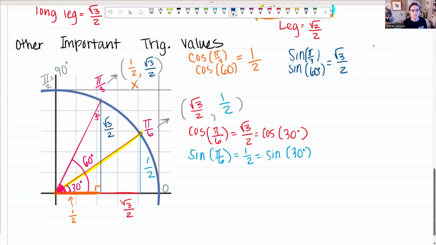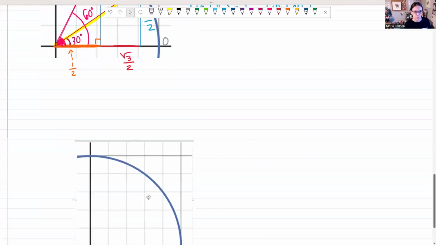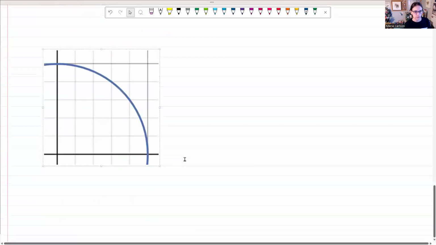All right. So this is kind of when we divide each quadrant into thirds almost, or take the semicircle, pi radians, and divide it up into sixths. Let's now look at it and divide it into fourths. So here's the same drawing.